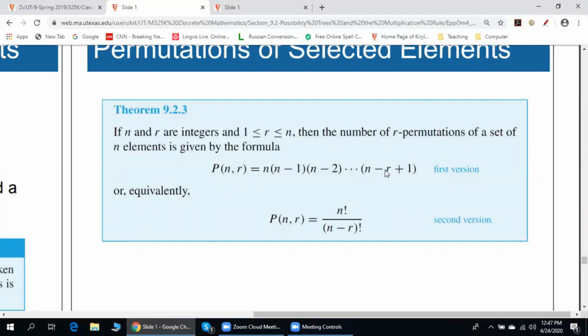We have n minus n, which is 0, plus 1, which is 1. So the last element is 1, correct? Yes. So this is why we add 1 at the end, and not just n minus r, but n minus r plus 1. Was that your question? Yes, thank you.